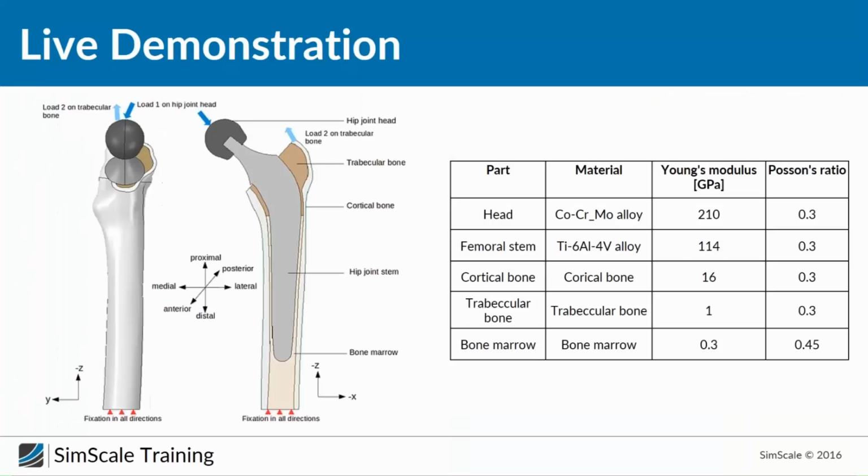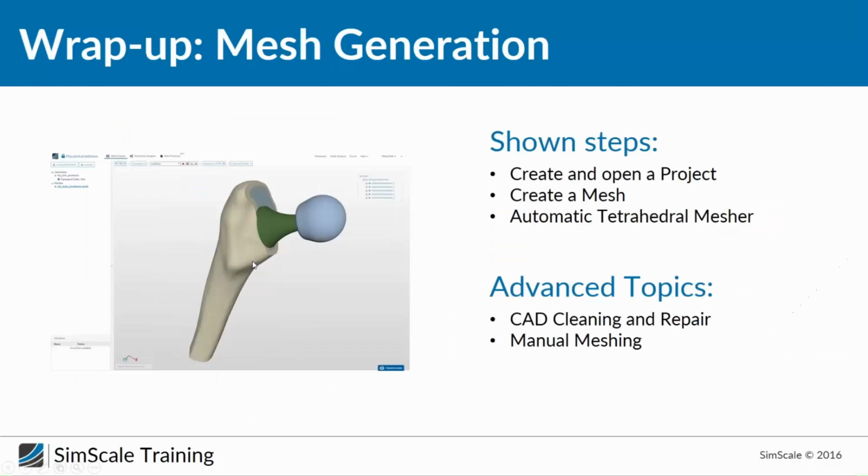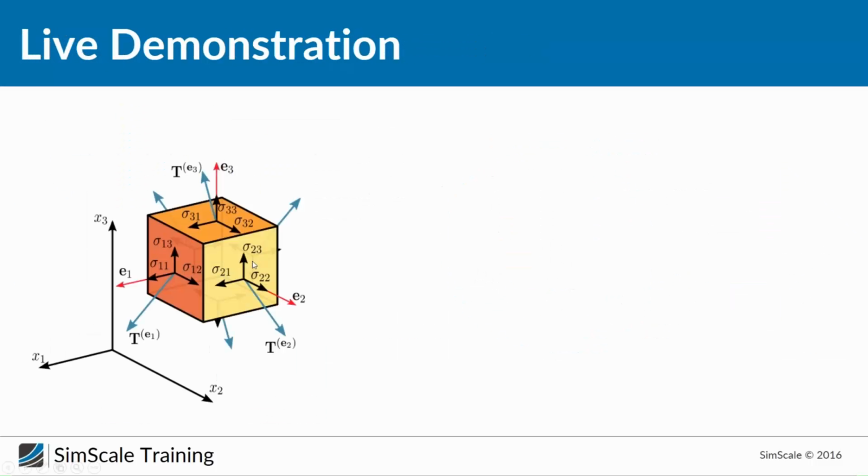Okay, time for a wrap up. So we talked about a lot of things. And one other thing which is very important before we go to the post-processing is to talk a little bit about this principal stress.